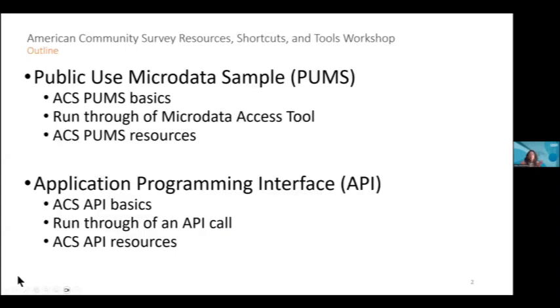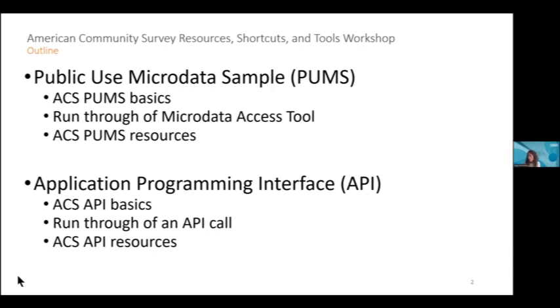I want to give a broad roadmap of what I'm going to be presenting during this workshop. So to start, I'm going to dive into the ACS Public Use Microdata Sample, or PUMS. This portion is going to cover basics. Then I'm going to run through the Census Bureau's tool to access these data. And then I'll wrap up that section with some resources for you as you dive in on your own.